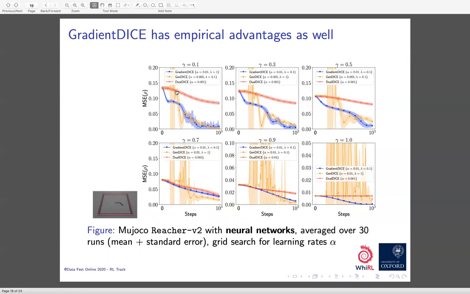Similarly, we tested GradientDICE, GenDICE, and DualDICE. The results are quite similar to the results in Boyan's chain. You can see GradientDICE performs consistently well for all the discount factors, and GenDICE is very unstable and has larger variance. This suggests that GradientDICE has both theoretical and empirical advantages.